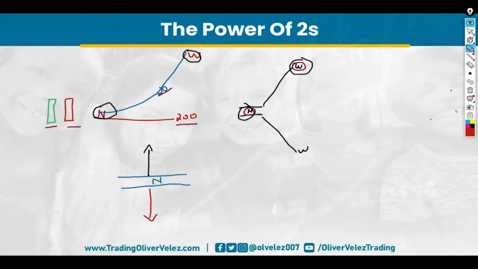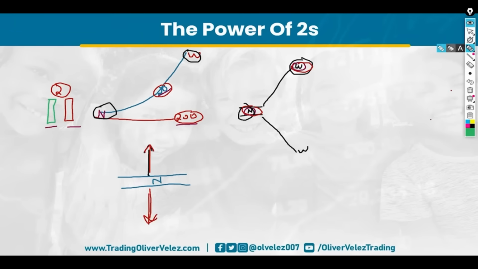So if you think about this, we've got two bars, red and green. We have two moving averages, 20 and 200. We have two states, narrow and wide. We have two positions, above and below. So let's go over this.